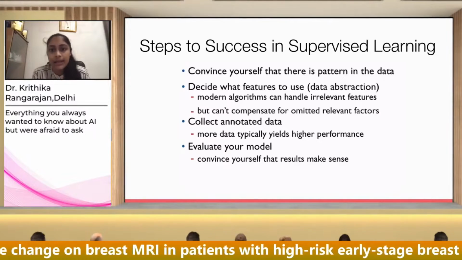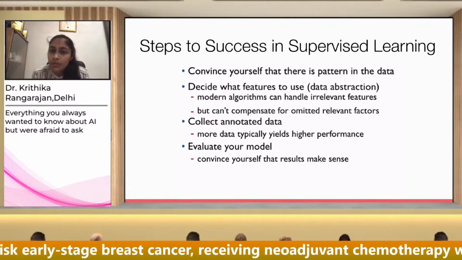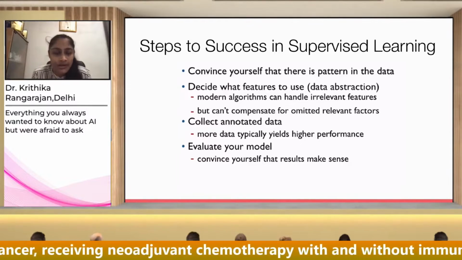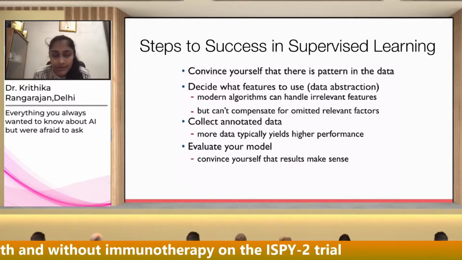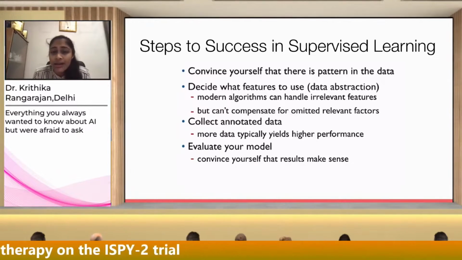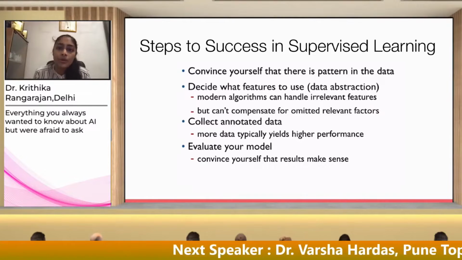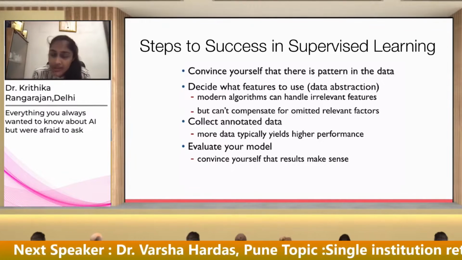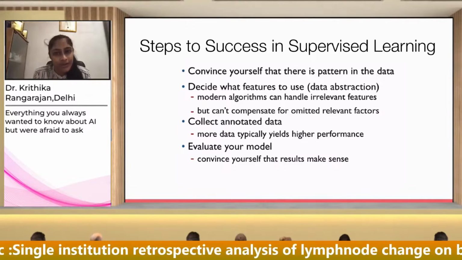Now, this data abstraction feature is more important when it comes to some of the older techniques. When you come to deep learning, like we had discussed in the previous few slides, you're not actually picking out features. That's something that the network learns from the data that you give. But in some of the older machine learning tasks, you do explicitly tell the system what features to pick out.